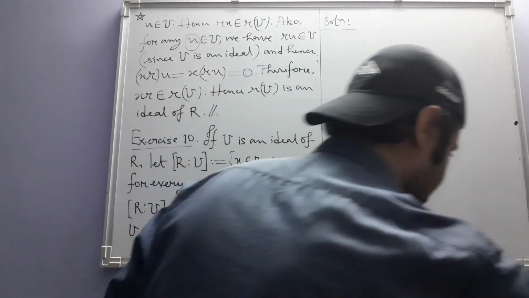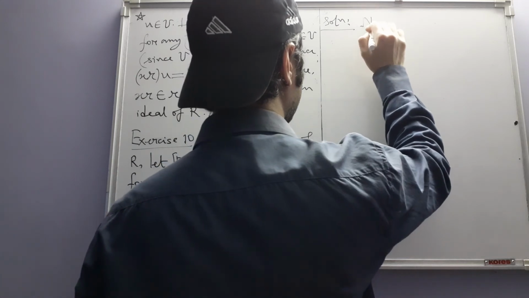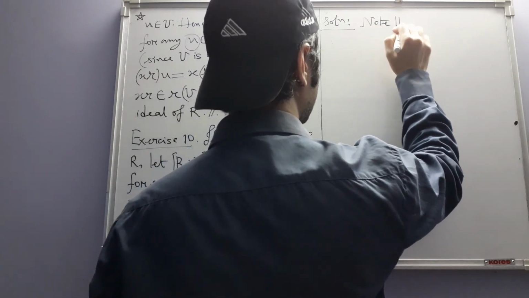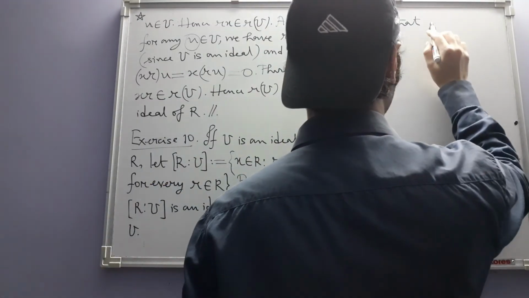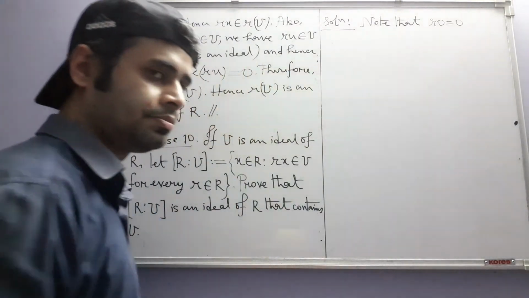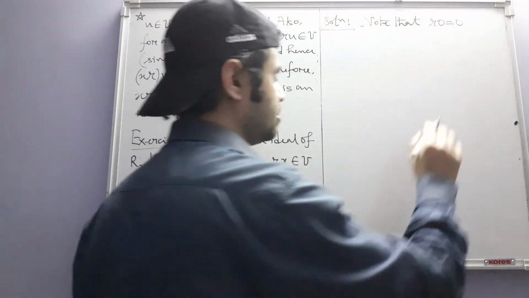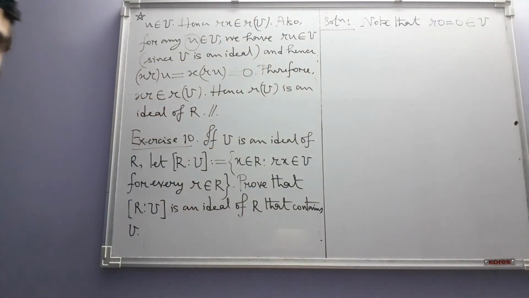Let us just incorporate this in the solution itself. Since it's not that straightforward, we have to at least say something. Note that r times 0 is equal to 0, and 0 belongs to U, because U is an ideal, so U is a subgroup of R under addition, so it has to have 0.